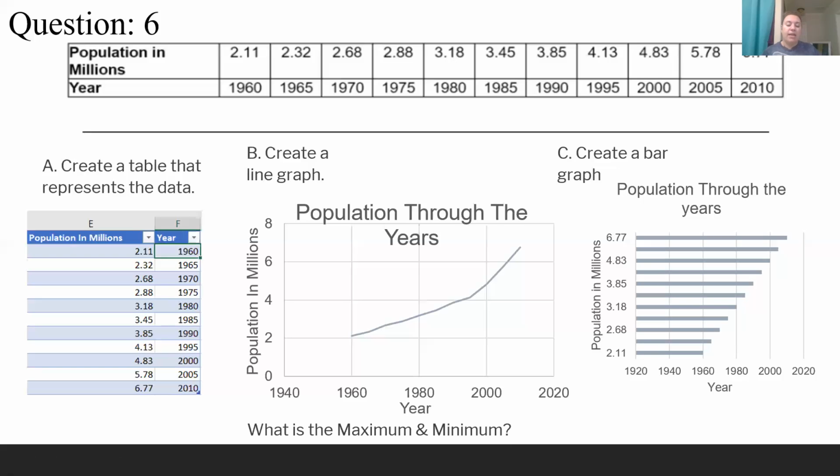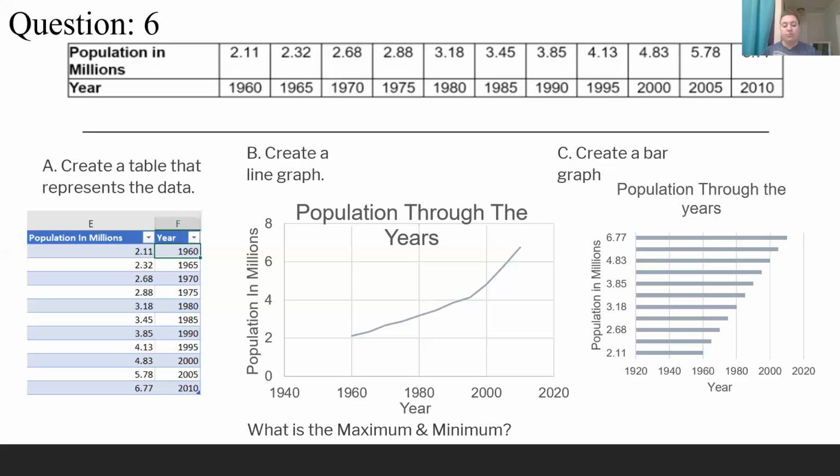Now, by looking at these, what is the maximum and minimum? Okay, the maximum we can tell by looking at the graphs. I like using the bar graph because it shows more. Our greatest number was 6.77 million, and that was in 2010.